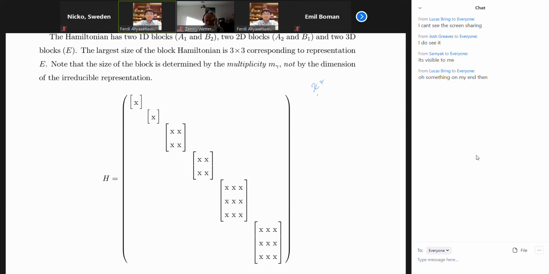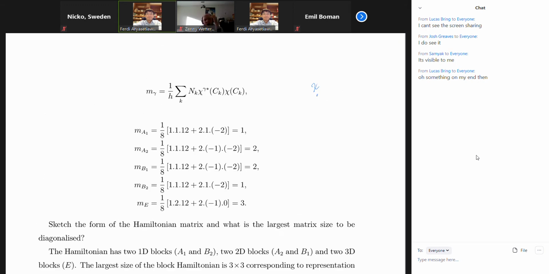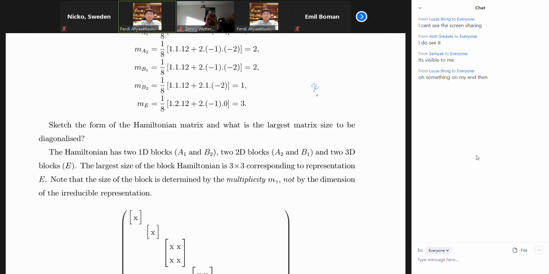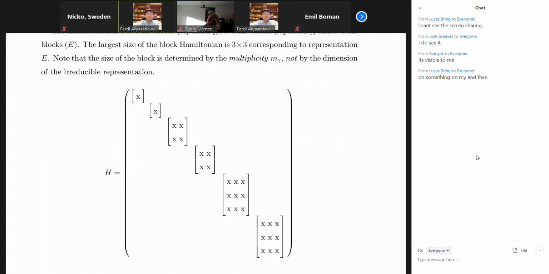Let's say I order the basis functions according to the representations. What I want to say is that this form of the Hamiltonian here depends on how we order the basis functions.